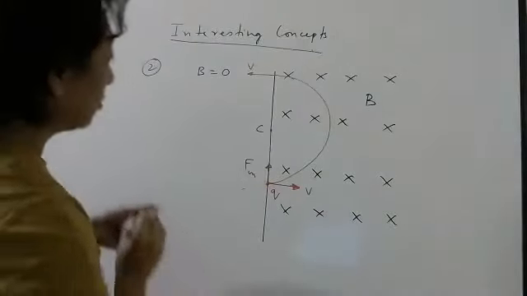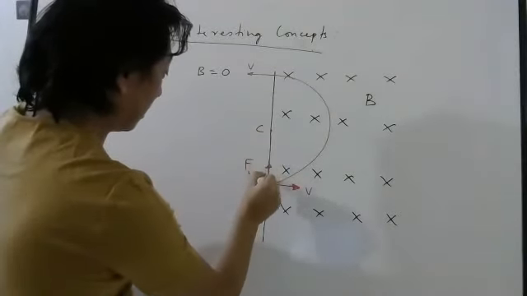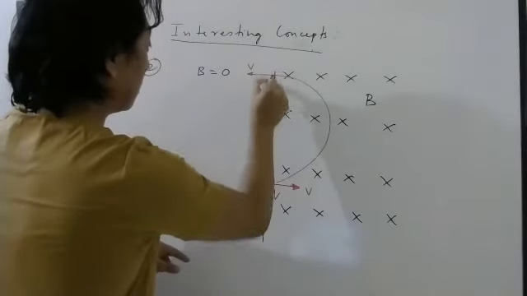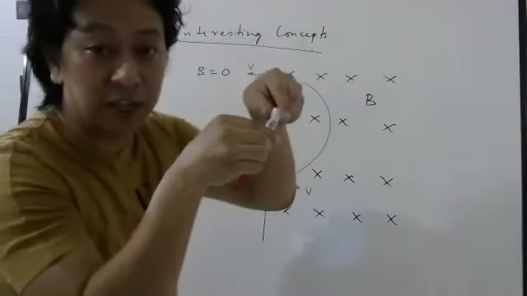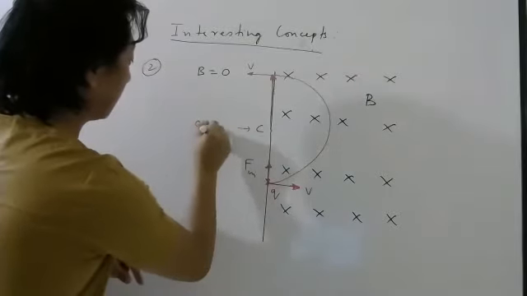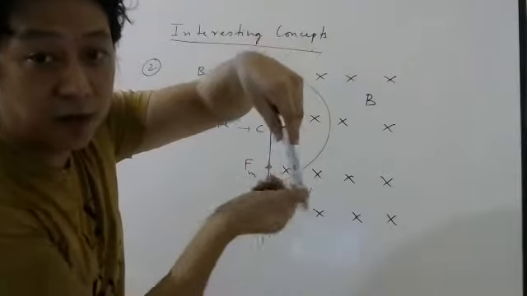Now check this radius vector which was here, now it is here. The center is here, so by what angle has the radius turned? From here it went to here.